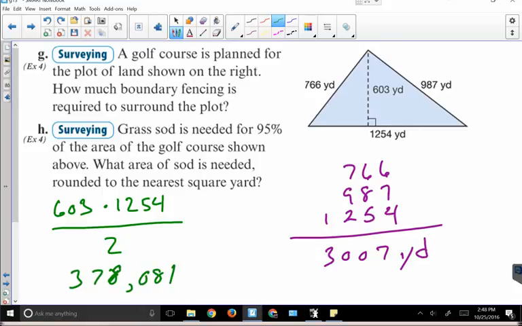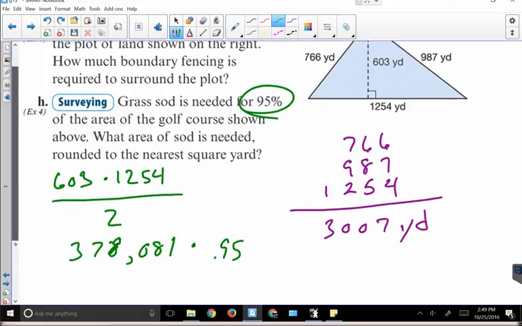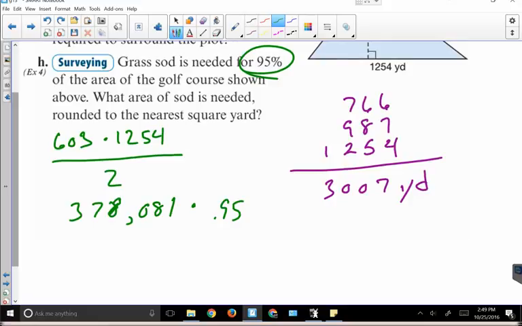Now, is this what we're supposed to find? We're supposed to find 95% of that. So 95% is what? What do I got to do? Yep, multiply by 0.95. So when I multiply by 0.95, what do we end up with? 359,000 what?